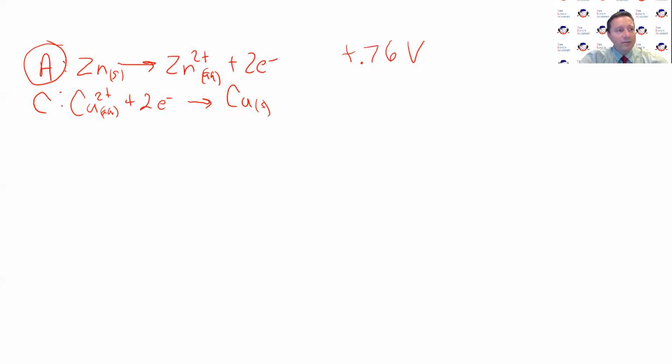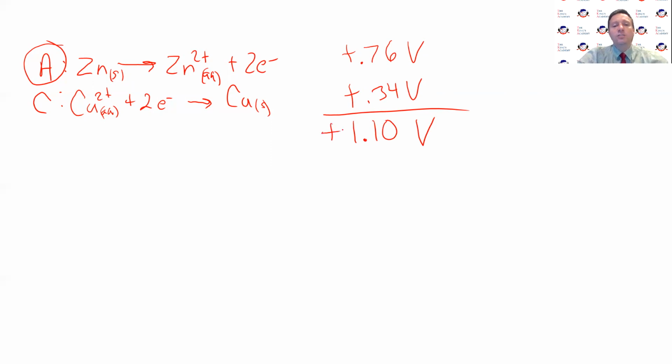Now let's look for the copper. Here we find it, looking down the chart: copper 2 plus aqueous plus 2 electrons produce copper solid. And in this book, that says plus 0.34 volts. Now we can add these two together. We drop our volts and we have 1.10 volts, and this is positive.